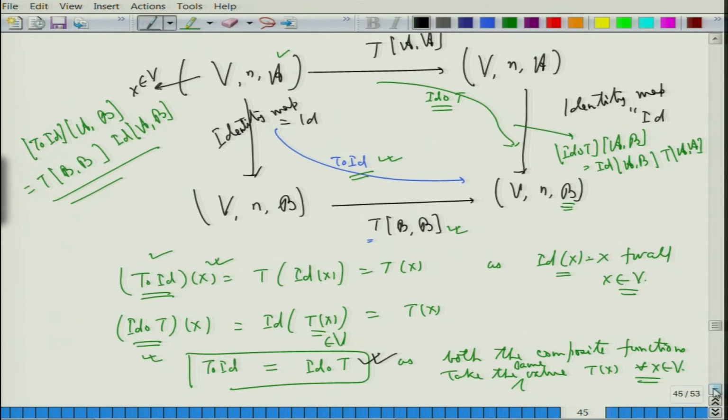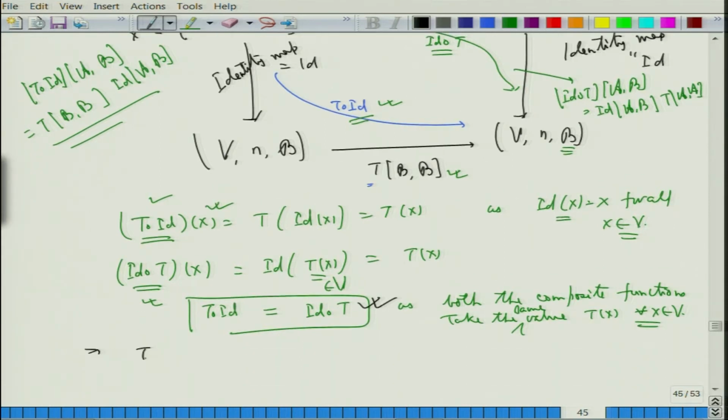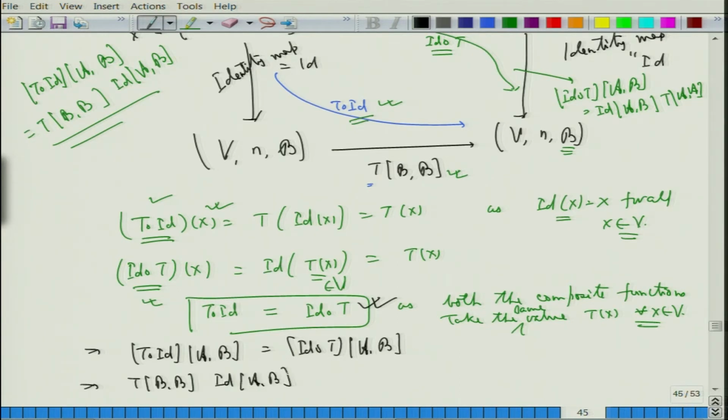So this will imply that T o identity of this will be the same as identity composed with T of this, and just write down the matrices here: T o identity is T of BB times identity of AB. This is the same as identity of AB times T of AA. Fine.